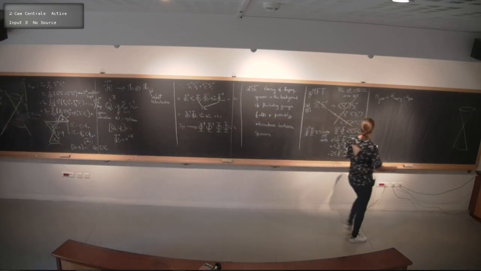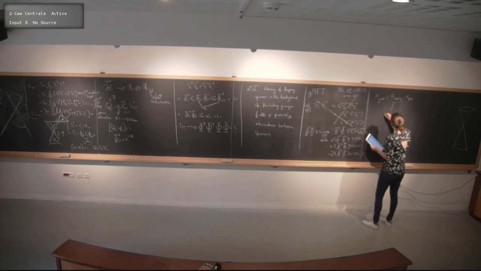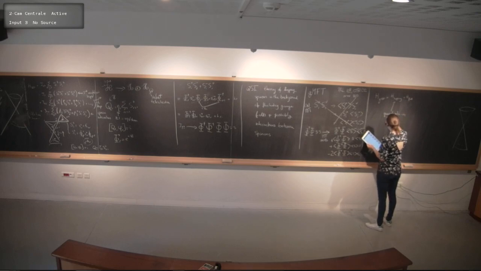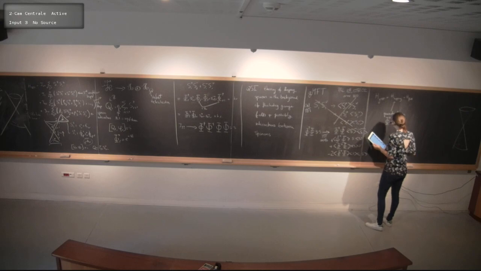So the hopping Hamiltonian is just a quadratic Hamiltonian in phi dagger phi. Okay.